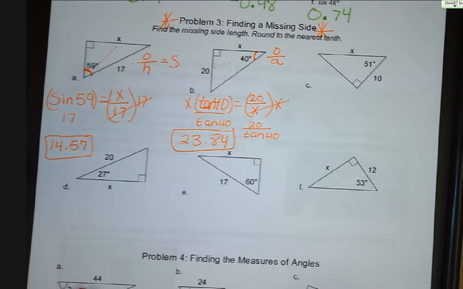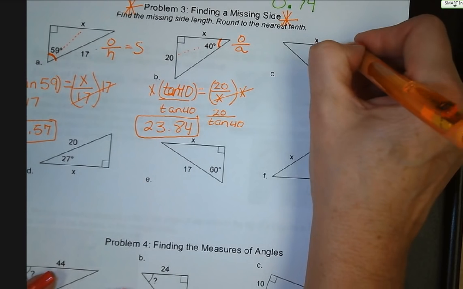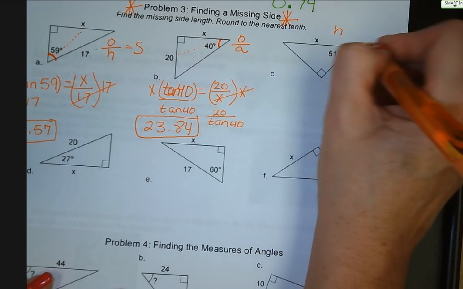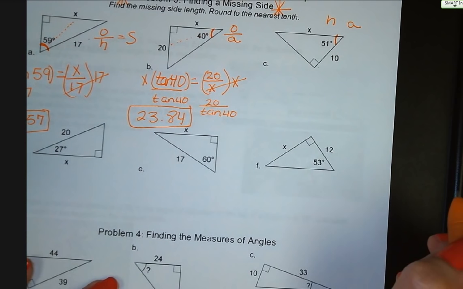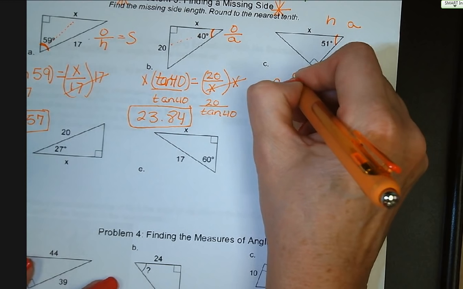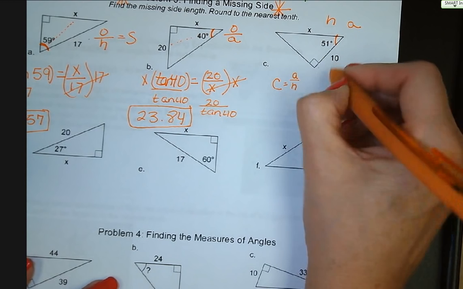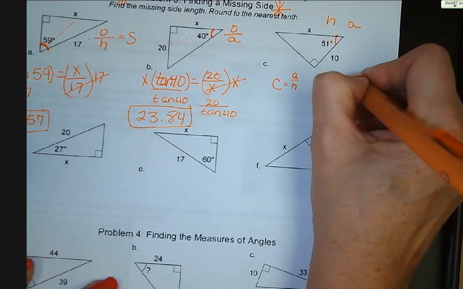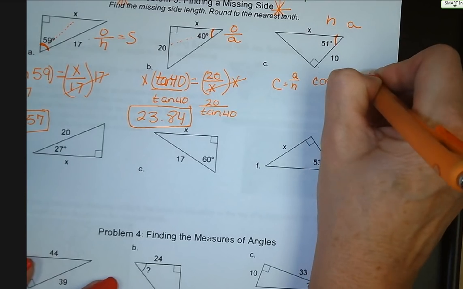We've got angle 51, and we know we've got the attached, and we have the hypotenuse. So we're going to use cosine. So cosine of 51 equals attached over hypotenuse. So the attached is 10 over x.